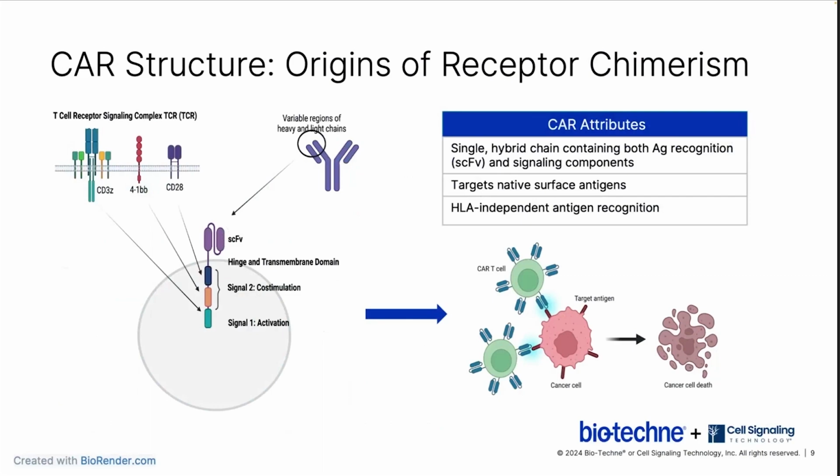In terms of signaling, CARs generally utilize either CD28 or 41BB-based signaling domains for co-stimulation that are in tandem with the ITAMs of CD3 zeta from the T cell receptor signaling complex. The intracellular signaling cascades that are engaged upon CAR antigen recognition drive T cell effector function, including cell proliferation and cytotoxicity.